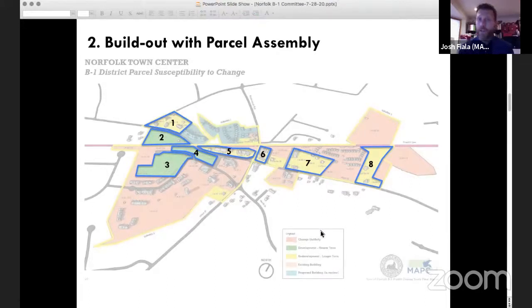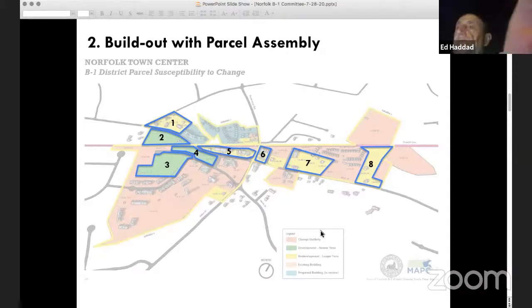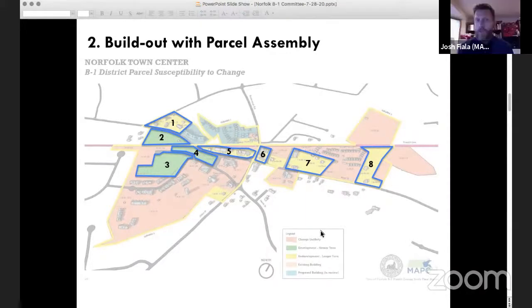I've identified 8 possibilities across the district, which I think are the logical places that parcel assemblies could occur under a development scenario. Those are on the green and yellow areas again from that same parcel analysis.